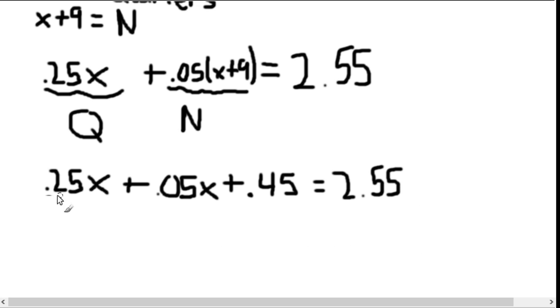Simplifying 0.25x plus 0.05x gets me 0.30x, plus 0.45, equals 2.55.